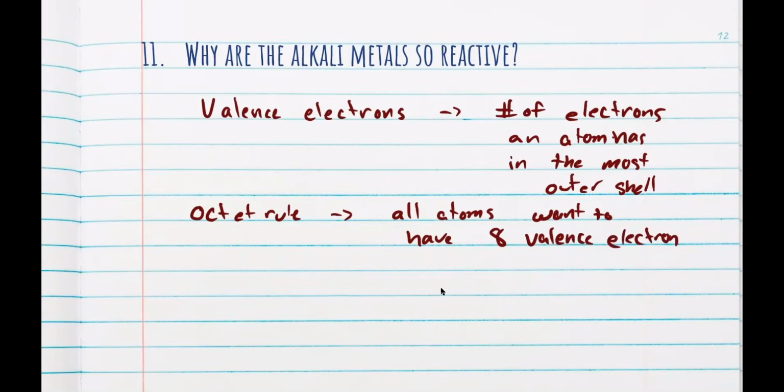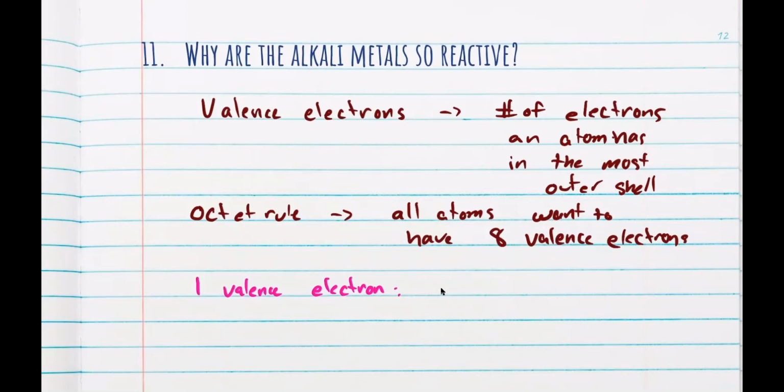in their last shell. So when we're looking at the alkali metals, all of the alkali metals have 1 valence electron. And because when an atom loses an electron, it loses a shell, it will have a full shell once it loses that electron.